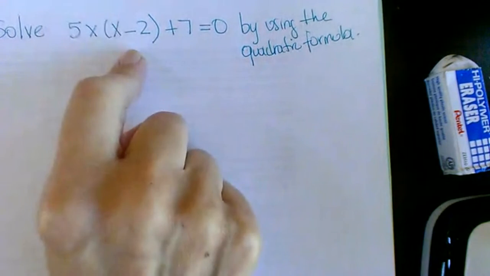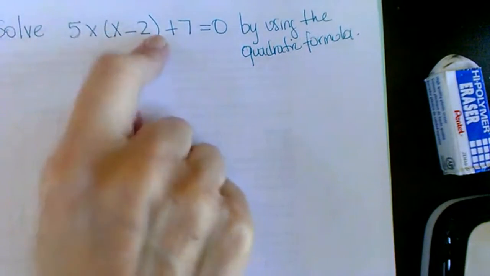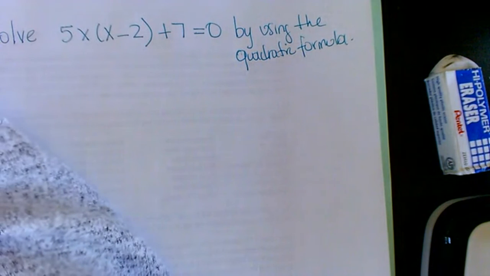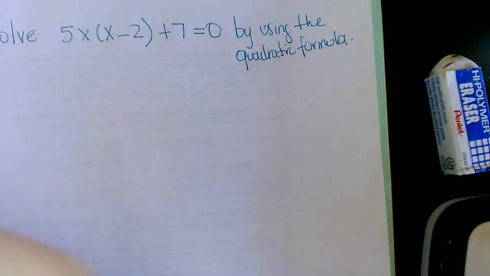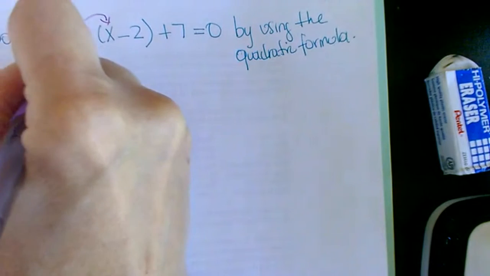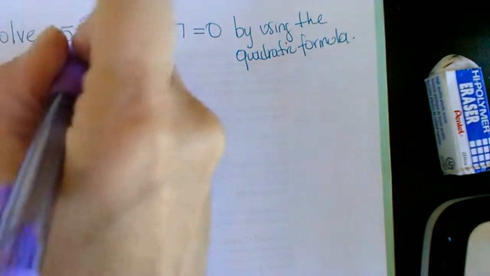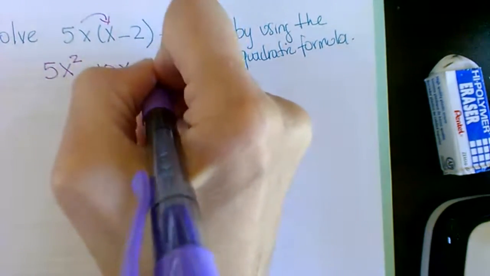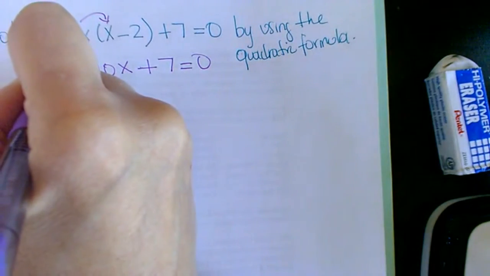Oh, what do we do first here? We got to distribute this, right? Before we do anything. So let's do that. Let me set it up. 5x times x would be 5x squared. And then 5x times 2, negative 10x, plus 7 equal to 0. There we go. Now we have what?